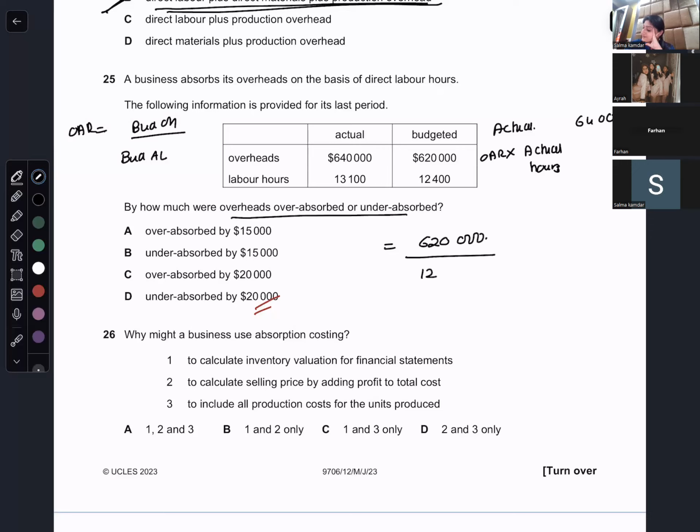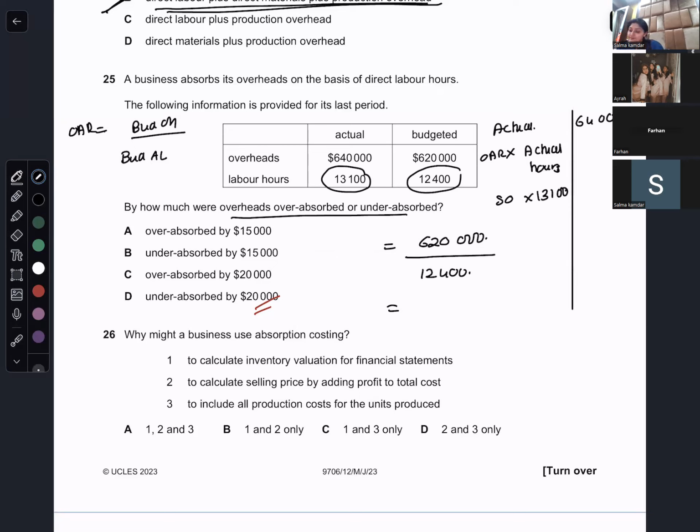Budgeted activity level, 12,400. So what is the OAR? 50. So OAR is 50, into actual hours. Actual hours is 13,100.